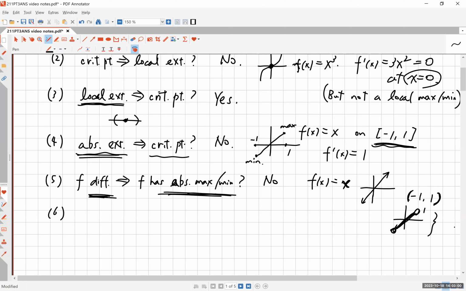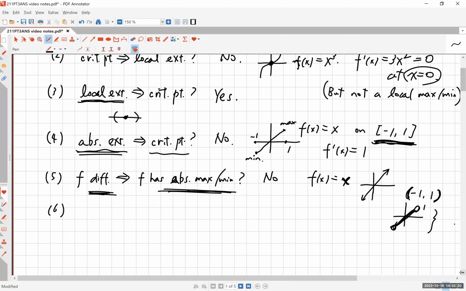Because it's an open interval. x is equal to 1 is not included in this interval. So there's actually no maximum or minimum. So an open and bounded interval does not do. The function has to be defined on a closed and bounded interval in order to have a guaranteed absolute maximum and minimum.